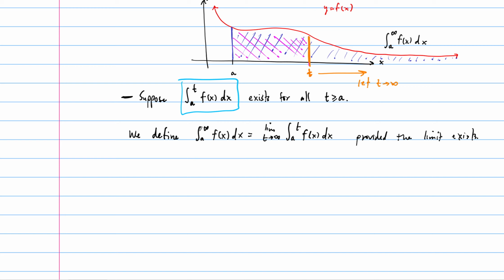And if it does exist, then we say it converges. So if the integral from a to infinity of f of x dx equals L, in other words, if the limit exists, then the integral converges. And if the limit does not exist, then the integral diverges.